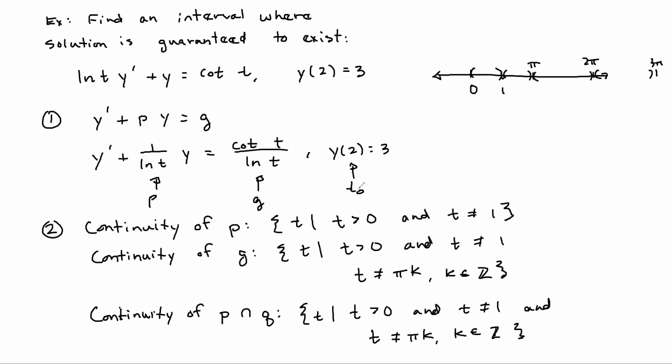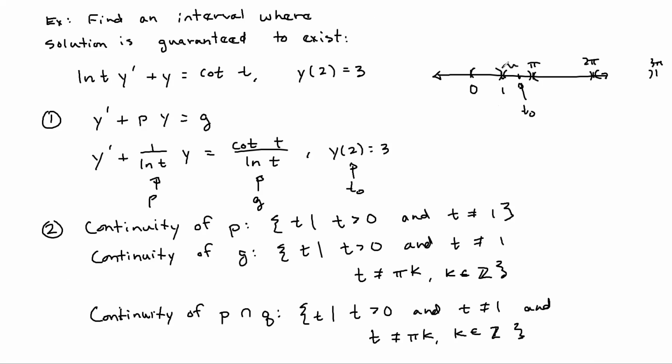All right, so what have we got? We've got y of 2, t naught is 2. So where is 2 in here? Well, if this is 0, this is 1, it's clearly not in this interval. And then we've got 1 and then pi. Pi is about 3.14, so 2 would be between 1 and 3.14. So we'll throw a little dash in there and say that's our t naught.